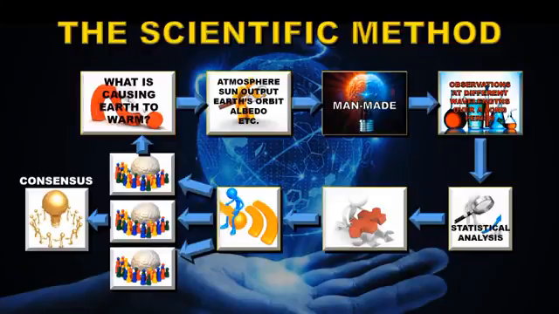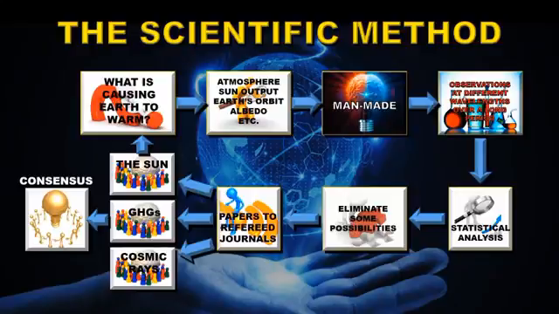You would then do a statistical analysis of that data, and maybe you would conclude that some of the possibilities that you looked at back in stage 2 can be eliminated. You would then publish those results in papers in refereed journals. Say you'd eliminated everything but 3 theories: the sun, greenhouse gases, and cosmic rays. So now you go back through this loop several times, looking at each one of those individually, devising experiments to differentiate between them, or taking observations to differentiate between them, or building models to differentiate between them.